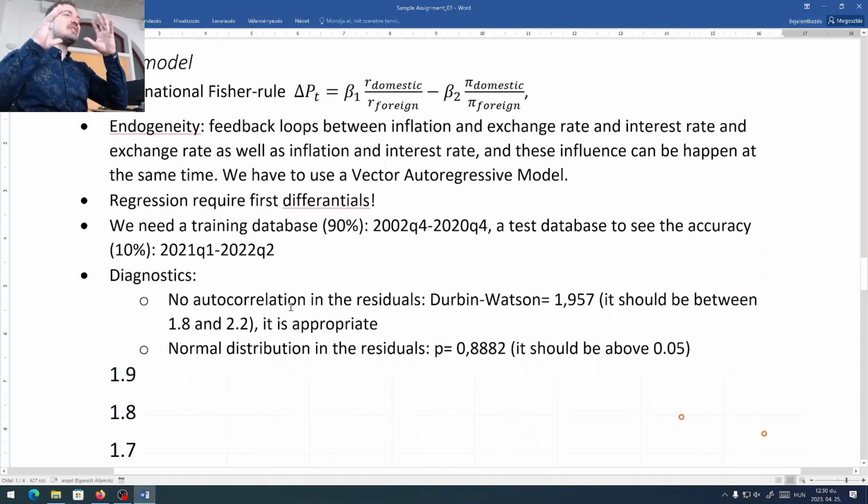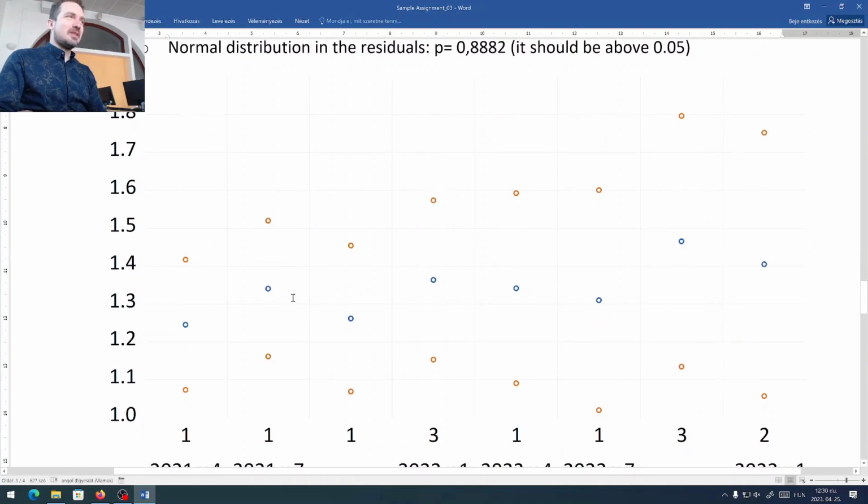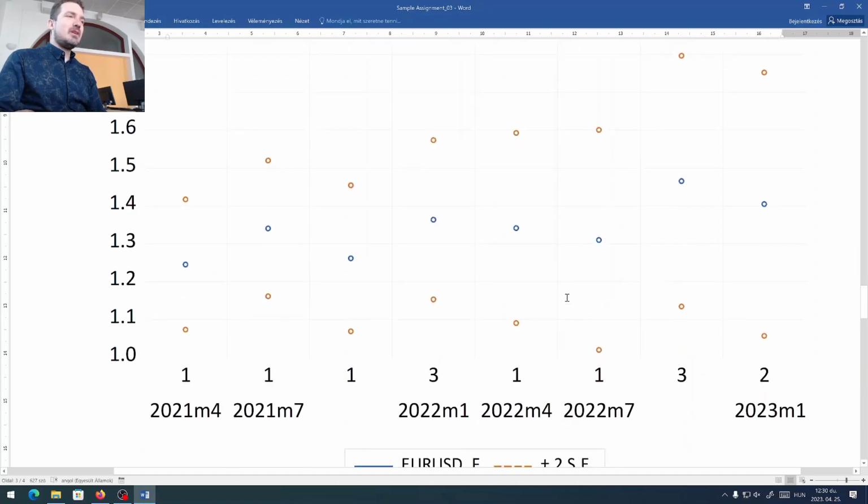I just wanted to show you the fancy way to do this, but this is also the hard way, because it's really hard to fit good models on the data. Still, we can see that we can have some forecasts, but this forecast says that practically the exchange rate should jump back to these 1.4, 1.3 levels, so no such depreciation will happen.